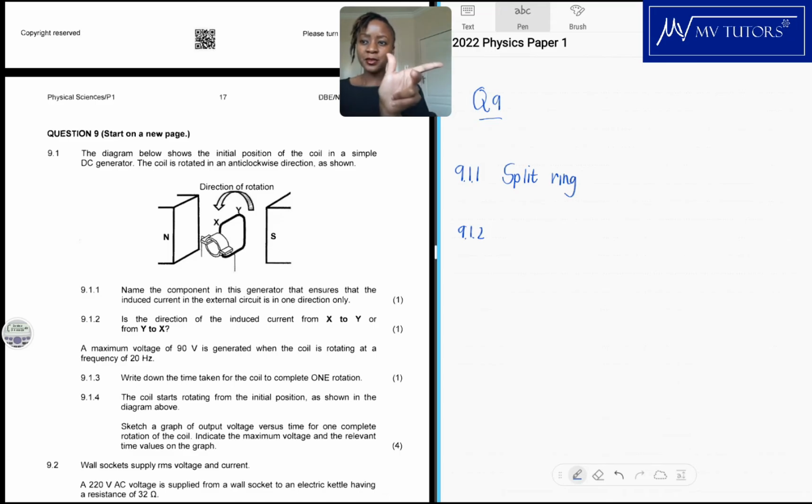So left to right, we see that the thrust is downwards and the current is coming to me. All right, so it's from Y to X. I hope you can see. Yes, so current is coming to me in my direction, so it's from Y to X.